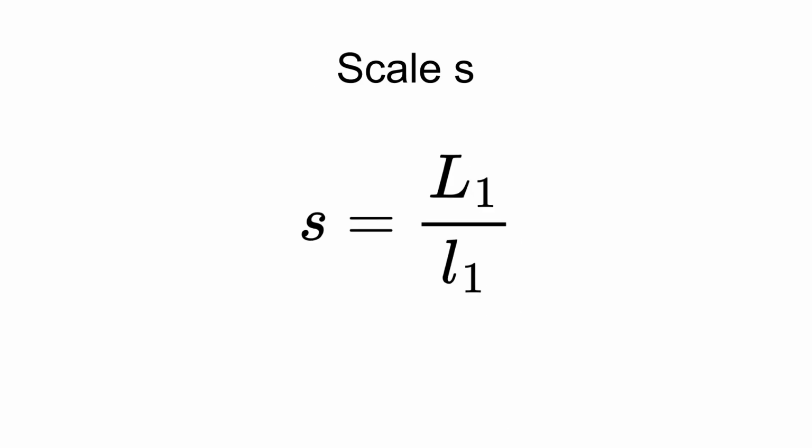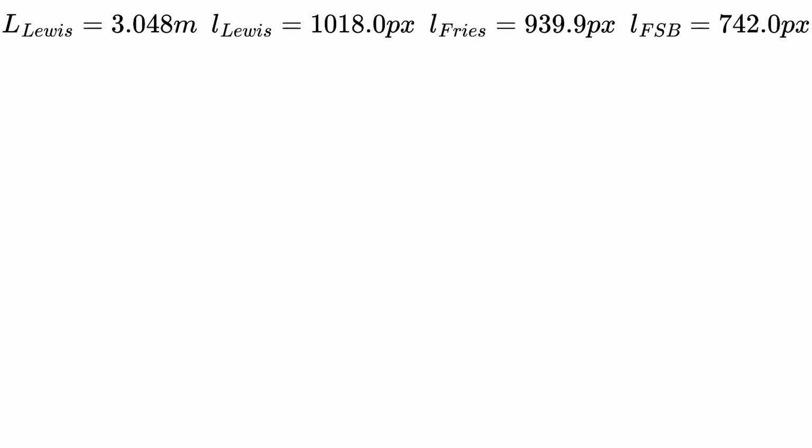If you are making multiple measurements in a single frame, it is faster to compute the scale as s equals uppercase L1 divided by lowercase l1 once, and then multiply the result by the length in pixels of what you are measuring, so we can write the following expressions. Note that different frames may have different scales.